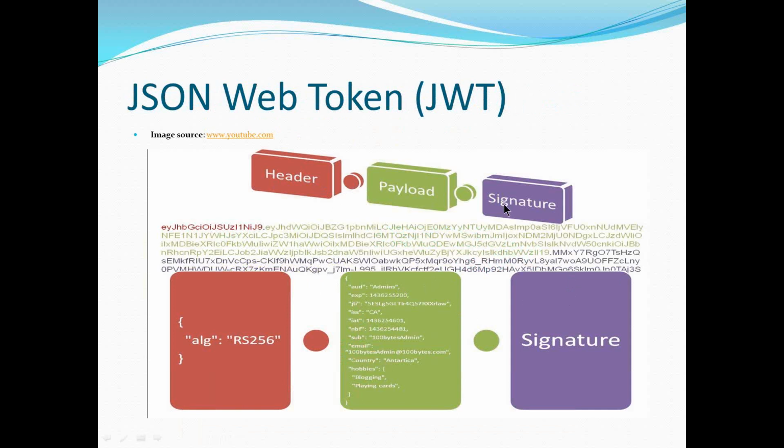So what is a signature? A signature is the digitally signed version of the header plus the payload. If you look at the code, they will call a hashing function using the content of the header plus the payload, and this will create a signature.